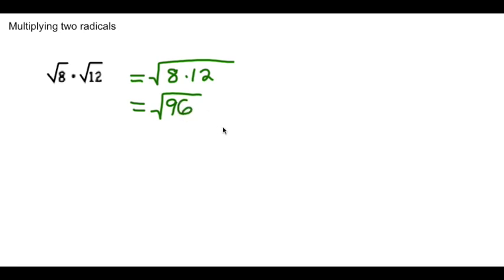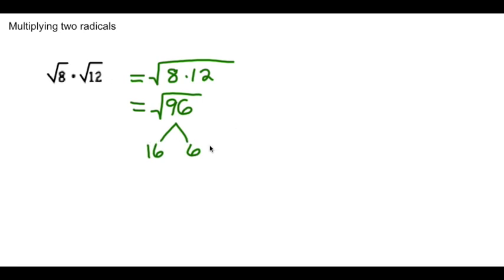Unfortunately, 96 does not have a whole number square root value, but I can factor 96 to find a perfect square factor of 16 and 6. So even though I could have divided 96 by 2, I want to think about perfect factors that would fit into 96. And so I get 16 and 6.